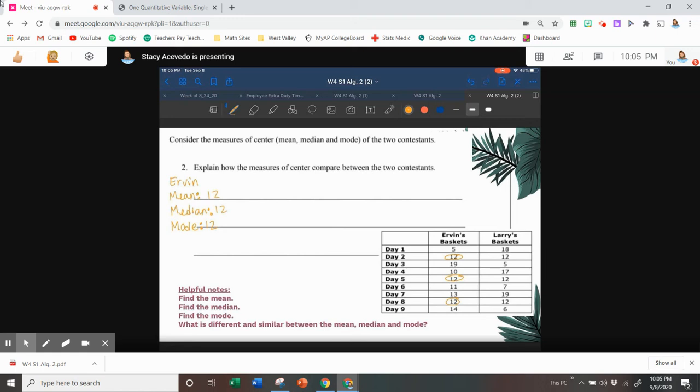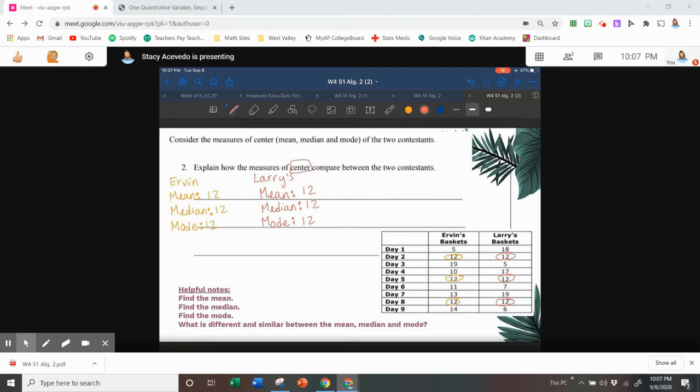What about for Larry's basket? Well, the mean should have also been 12. Your median is also 12, and so is the mode. So how do all of these things compare? What's similar and what's different between their centers?